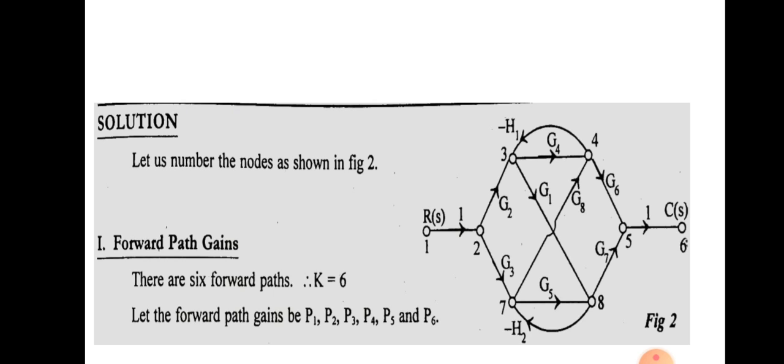You can see that the signal flows in the same direction. The arrow mark indicates the signal flow, and it points in the forward direction. So it is the first forward path. You can draw the forward path like this, on this slide.